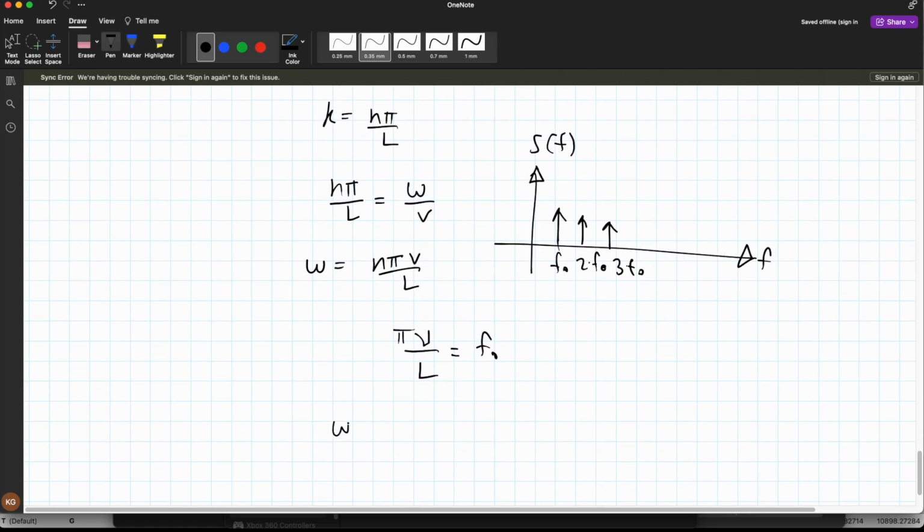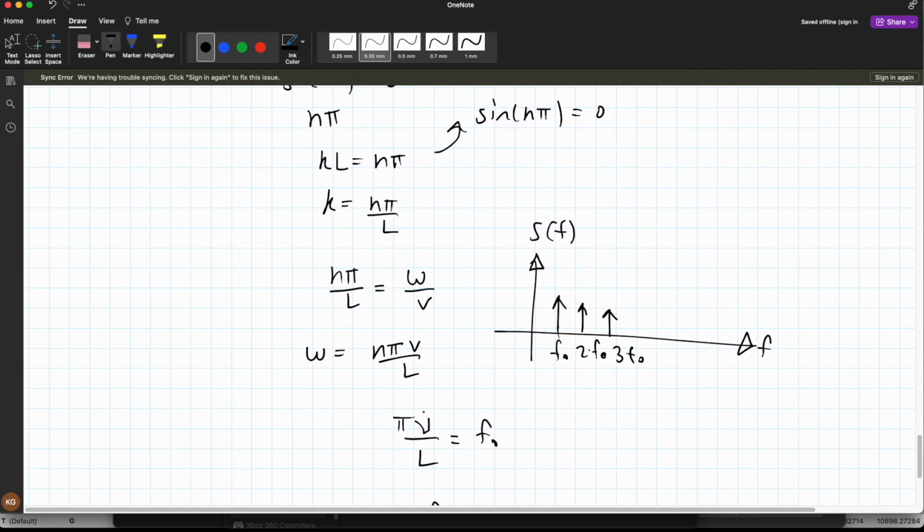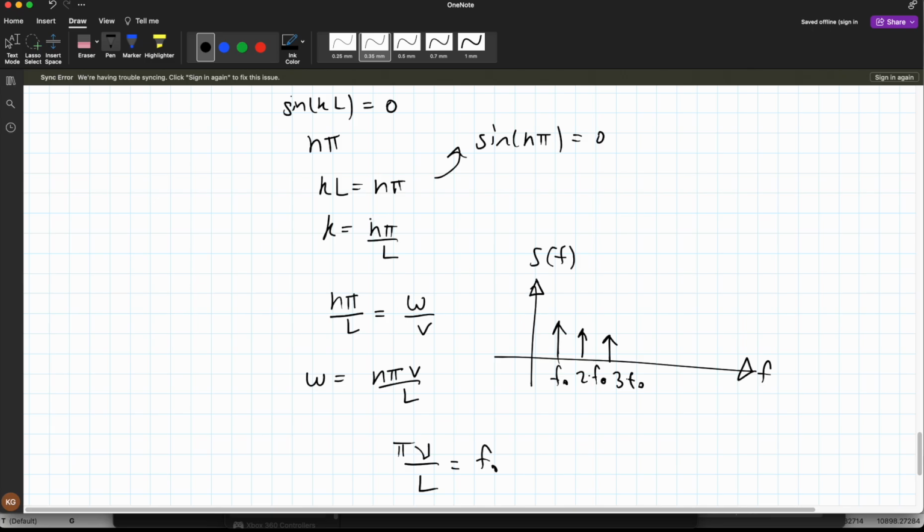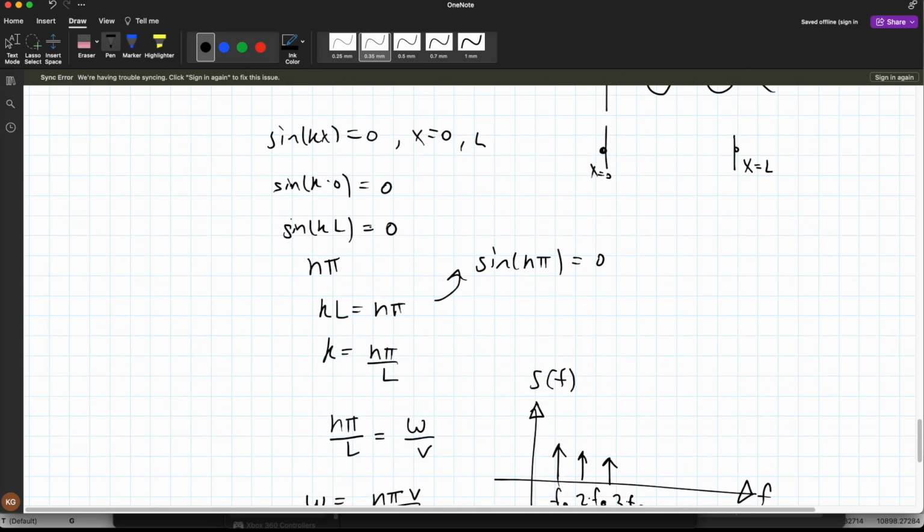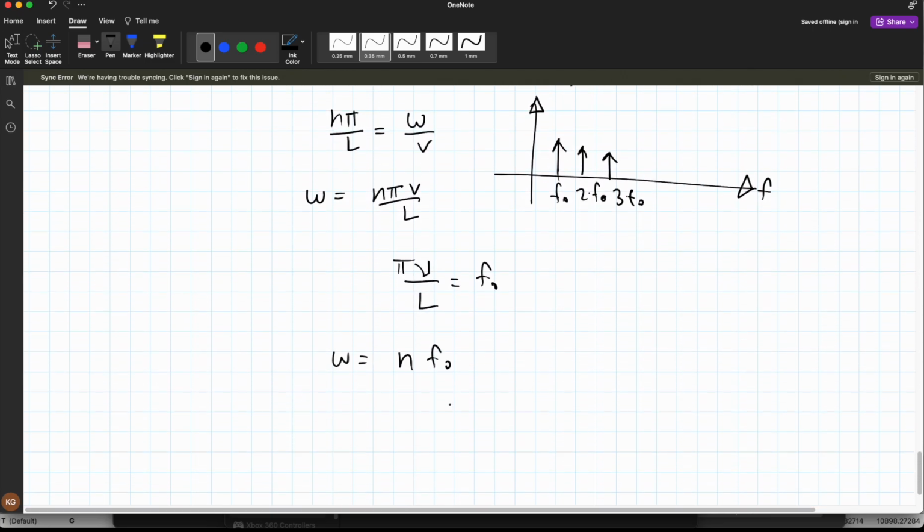Then we have omega is equal to n F0, where n is some integer. So the frequencies of our sine wave are always an integer multiple of F0.